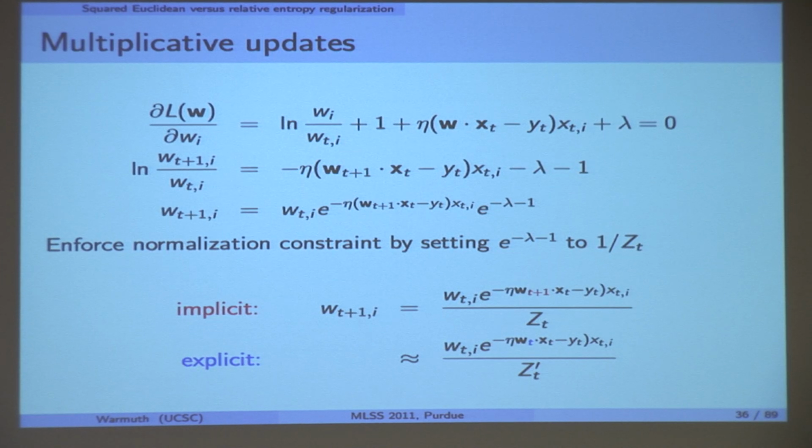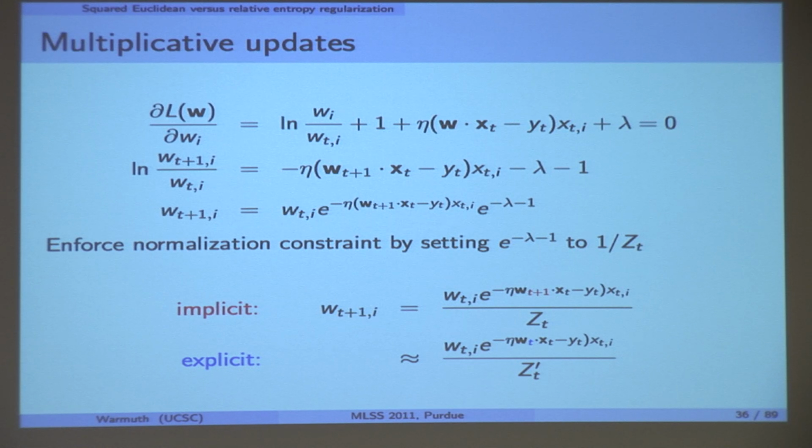OK, so you take a derivative with respect to wi. Then the relative entropy derivative, it was wi log of the ratio. You take the product rule, and you get two terms, a log wi over wti, plus 1. And here's the familiar gradient of the loss.